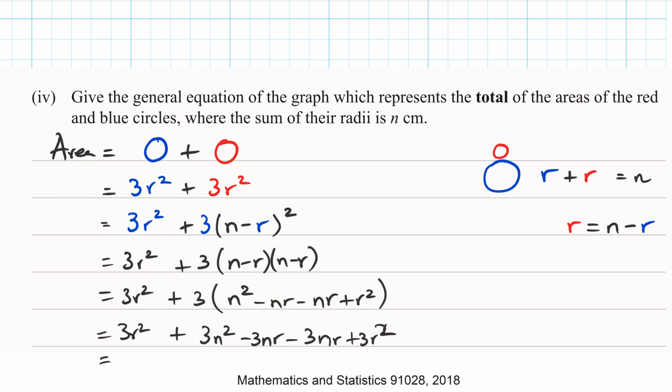So this simplifies to 6r squared minus 6nr plus 3n squared. And that's your generalized formula there. So that ends up being a relationship stated for the areas of both circles in terms of n and r.